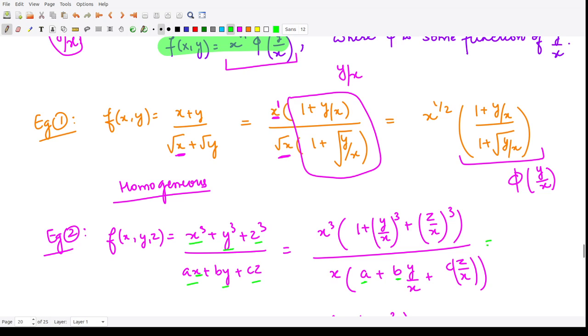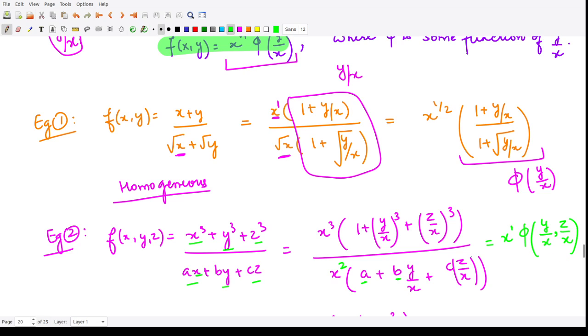So the power of x in the numerator is 3, in the denominator it is 1, so this becomes the power of x as 2 and some function phi which is defined in the variables y by x, comma z by x.